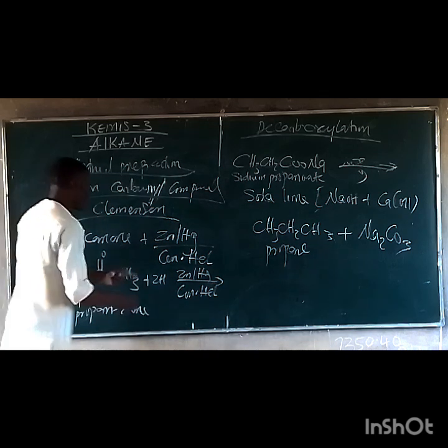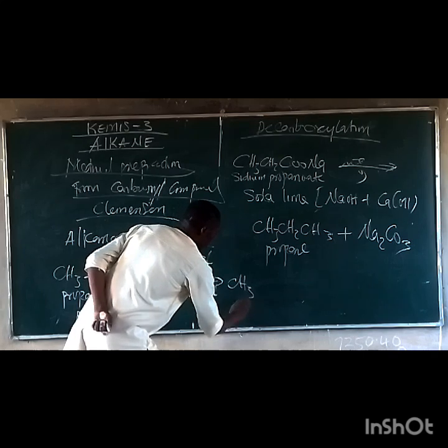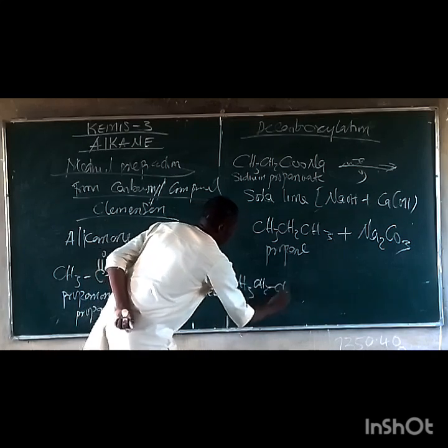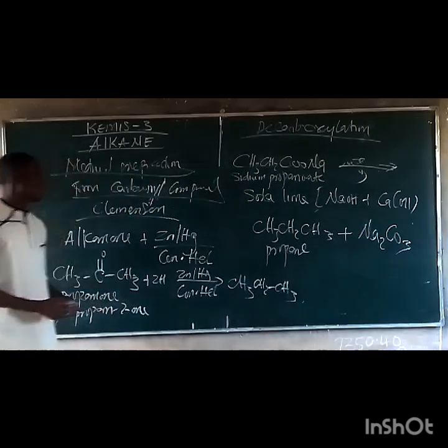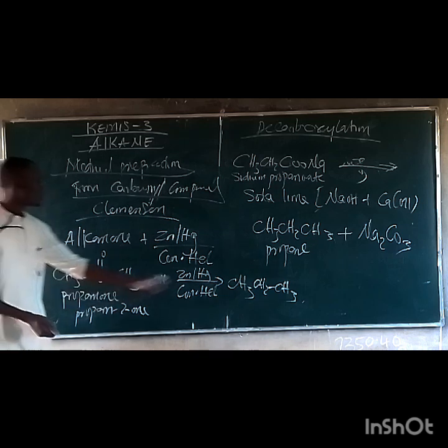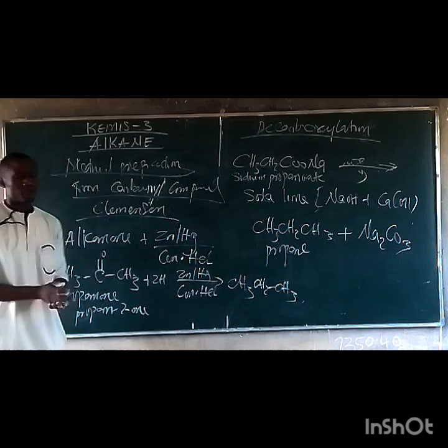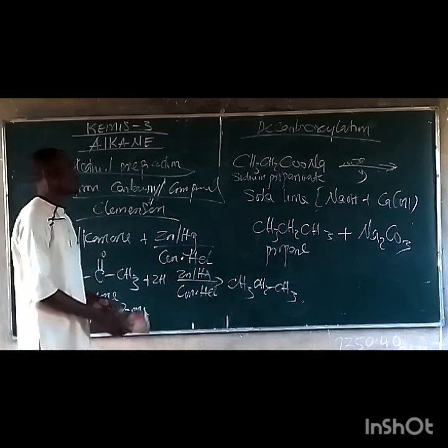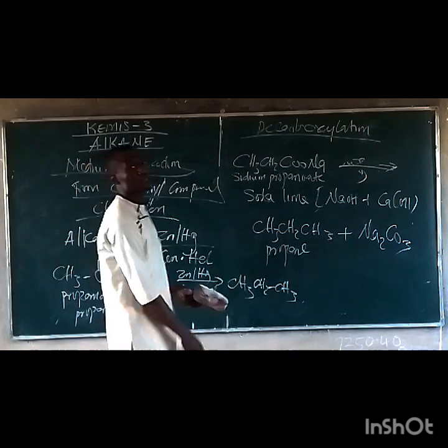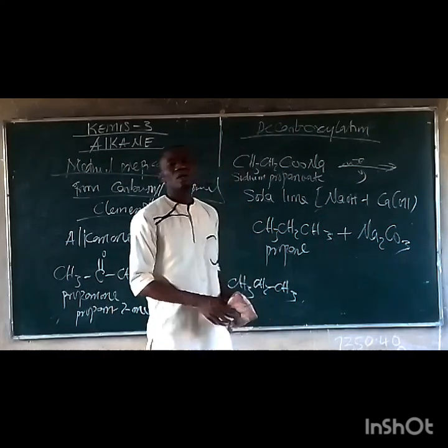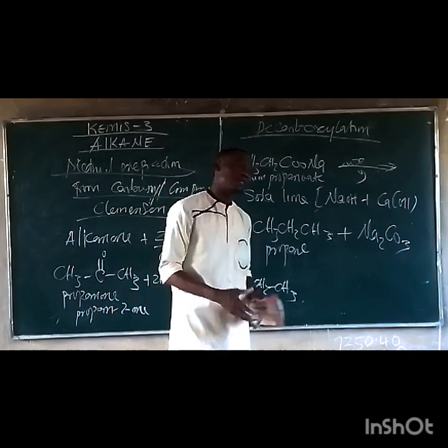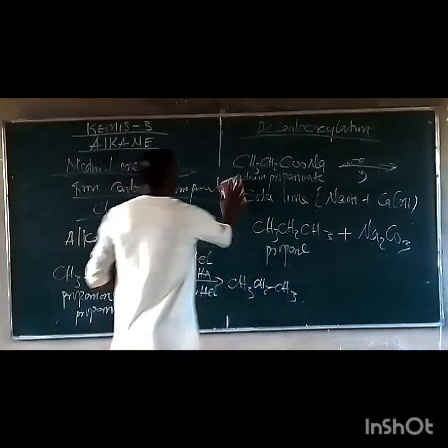So this now will form propane. CH3, CH2, CH3. So this is what we got for you. I tell you again, they will take away any of those and ask you to supply the answer, or even ask you to give a list of methods of preparation of alkane and the explanation. So anyone that is given, you'll be able to answer.